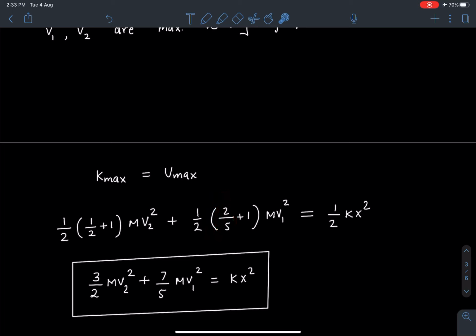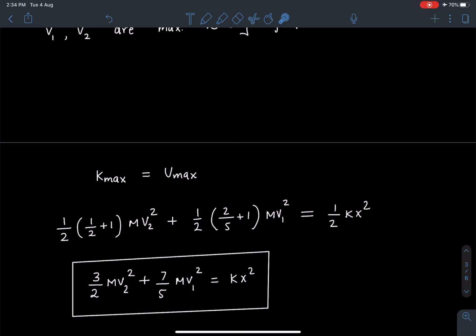So my expression is half (lambda plus 1) m v2 square plus half (lambda plus 1) m v1 square, where lambda of sphere and lambda of disk we have to substitute, and that should be equal to half k x max square. X max is x1 plus x2, which I have written as x. When I simplify this, I am going to get 3 by 2 m v2 square plus 7 by 5 m v1 square is equal to k x square. This is one equation which we are going to use.